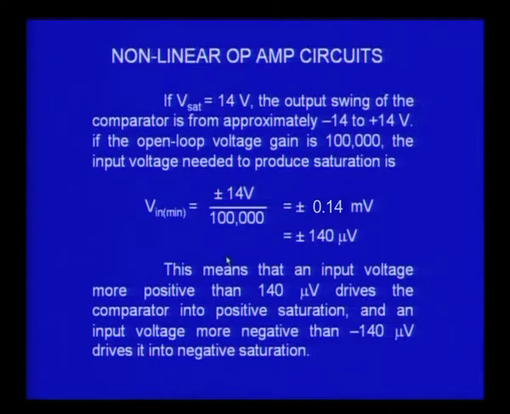So what you understand here is that if the input voltage is more positive than the 0 by 140 microvolt, the output will go to plus VCC, and if the input voltage goes below 0 by 140 microvolt, the output will go to minus 14 volts.